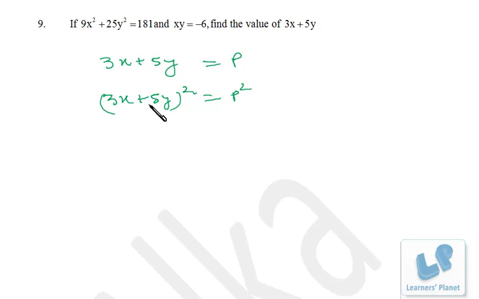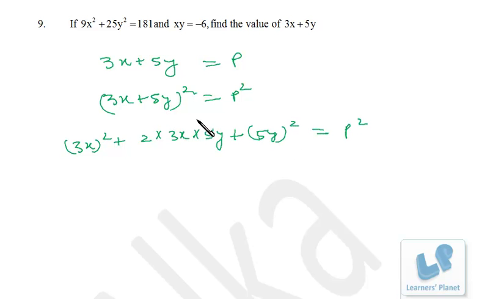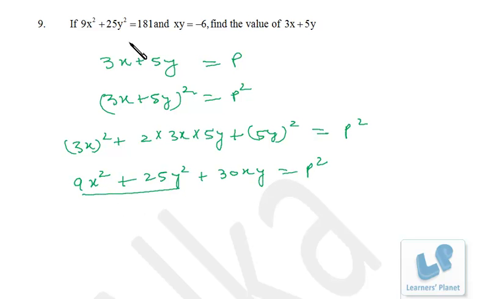Now this is (a + b)². So it will be the square of 3x plus 2ab plus b², and that's p². Now this is 9x² plus this is 25y² plus this is 5 3s are 15, 2s are 30xy is equal to p². Now 9x² + 25y² is what? 181.